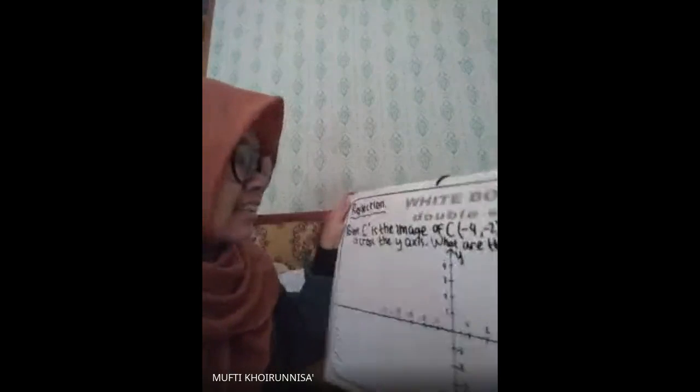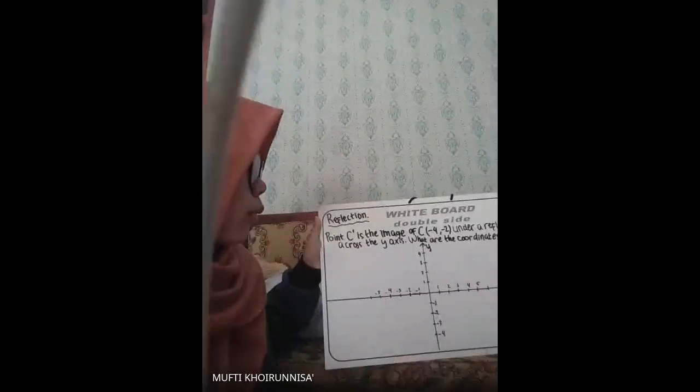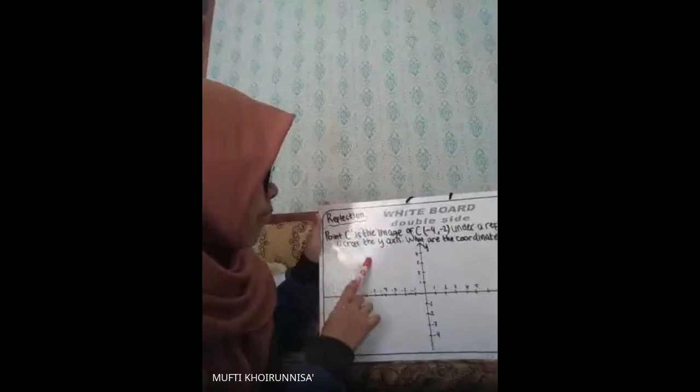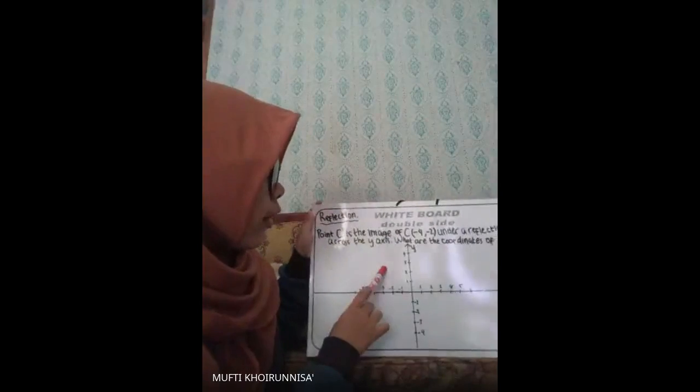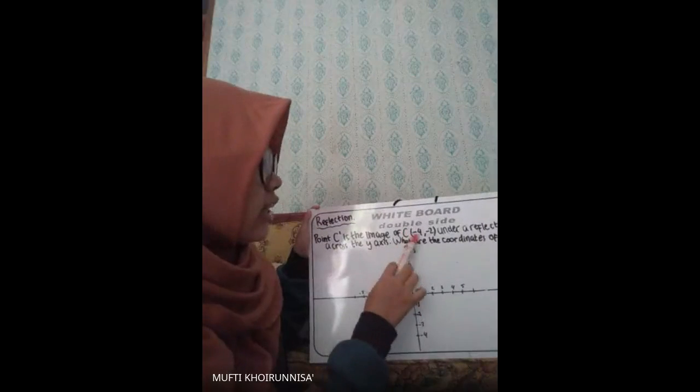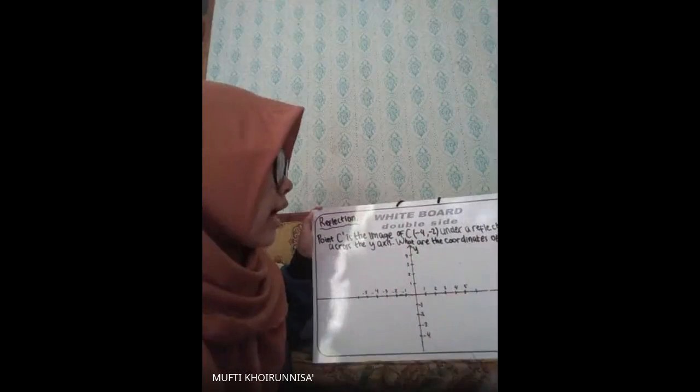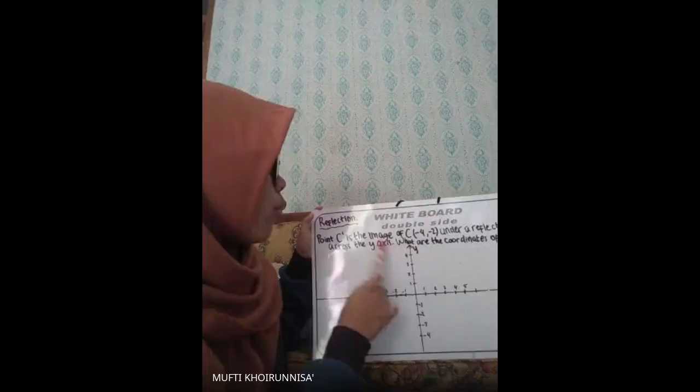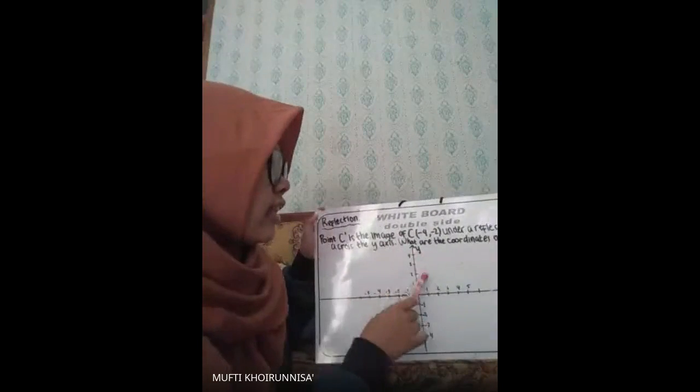Okay, this is about reflection. We have a question. Point C prime is the image of point C, which is -4, -2, under a reflection across the y-axis. What are the coordinates of C prime?